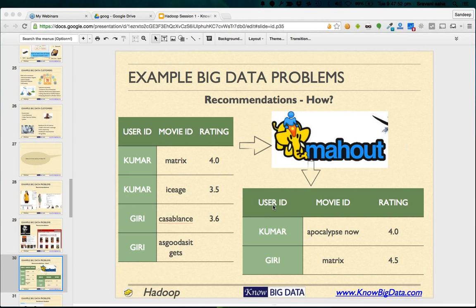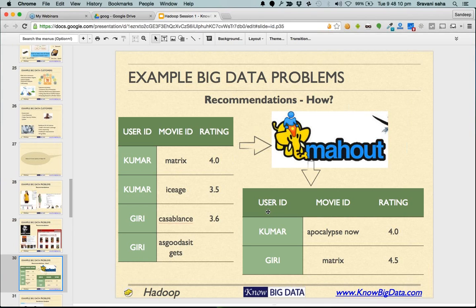For example, for Kumar, the movie is Apocalypse Now, and the rating is 4.0. For Giri, it has figured out, based on which users look like whom, and then has started giving the recommendations. This is just one example of how you could quickly build a recommendation.